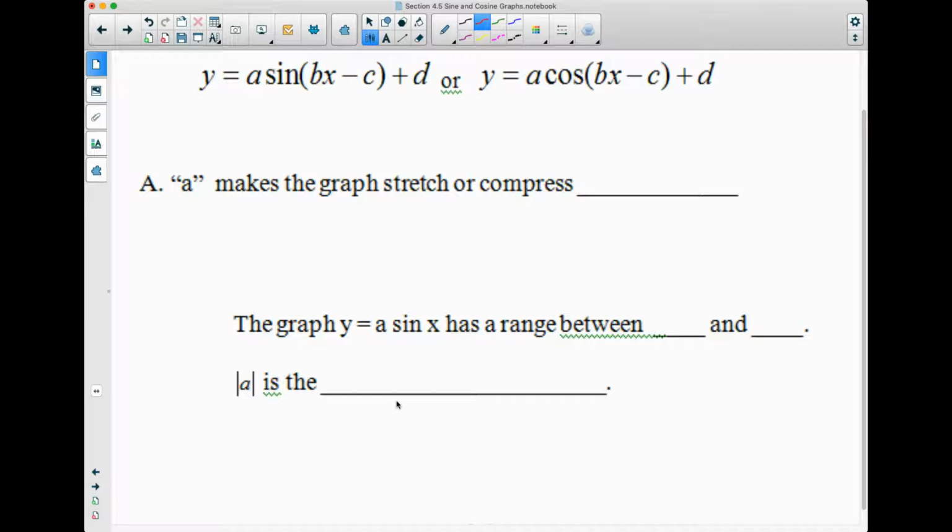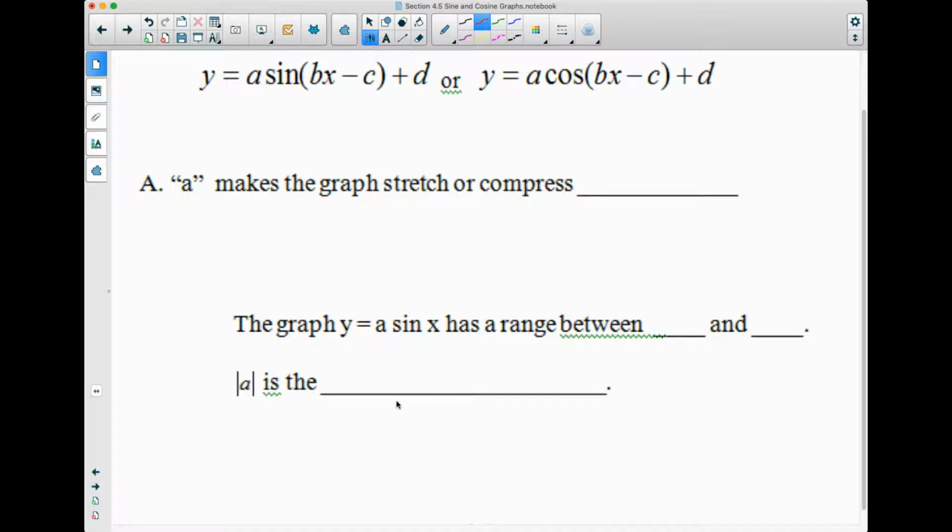You have your vertical stretch and compressions on the outside. You have your up and down. The only thing that's different is your left and right. They wanted to mix it up a little bit. You're still going left and right, and it's still located in the same spot inside the parentheses, but it's called a phase shift. And you no longer just take the number, like in this case, you don't just take C and say it goes left and right. We have to do a little bit more than that. But everything else is the same, okay?